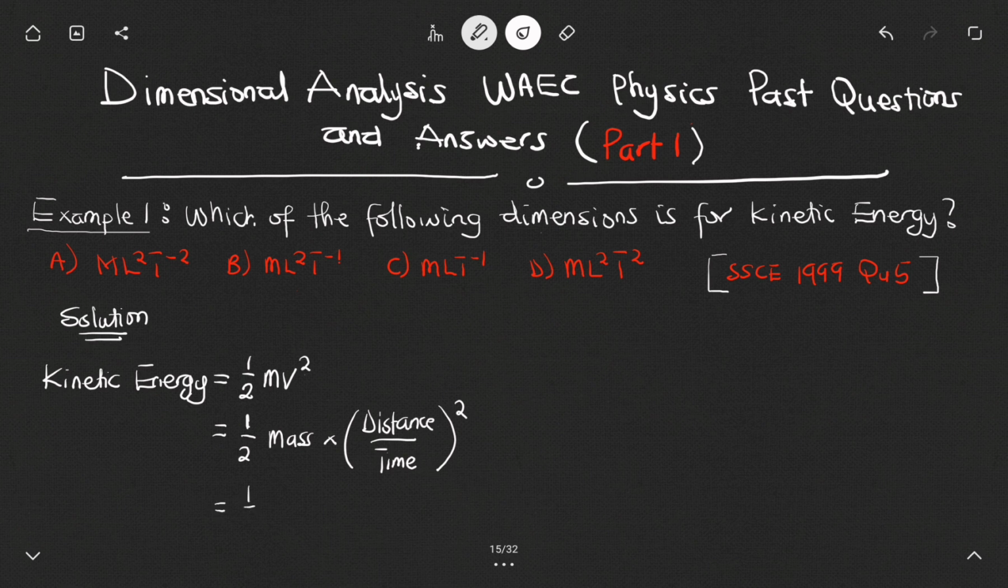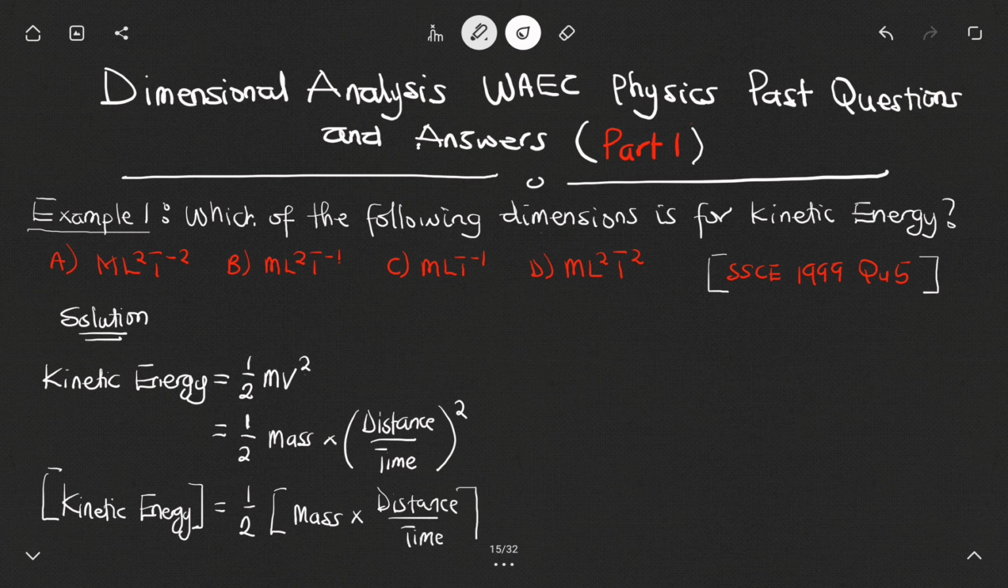So I bring my half here, then I put the dimension sign over here, so the dimension of kinetic energy, in this bracket, means the dimension of mass times the dimension of distance over time, squared.